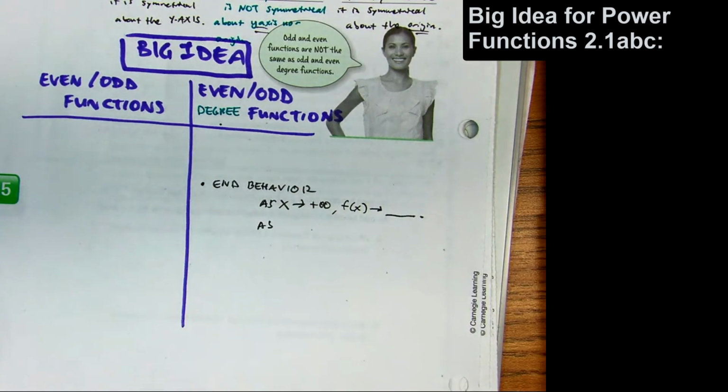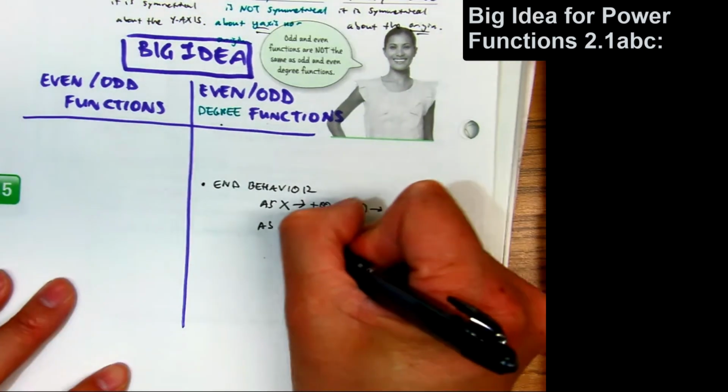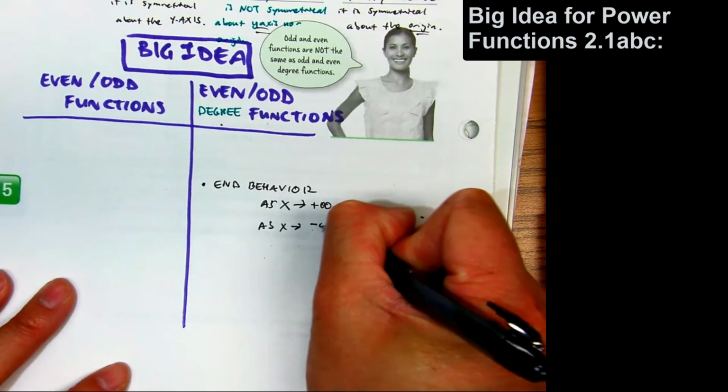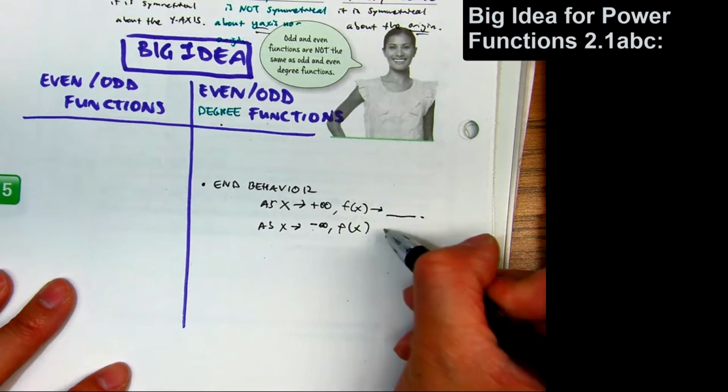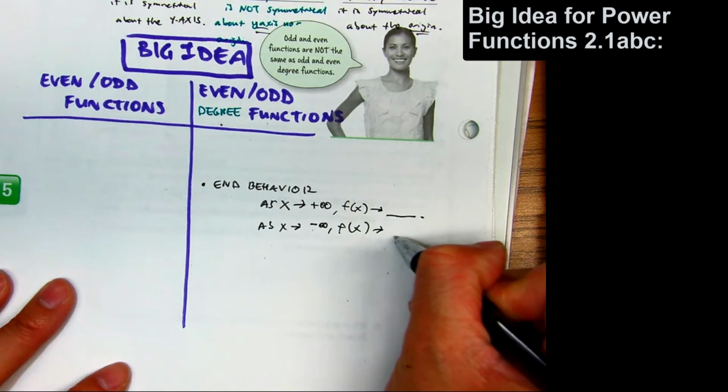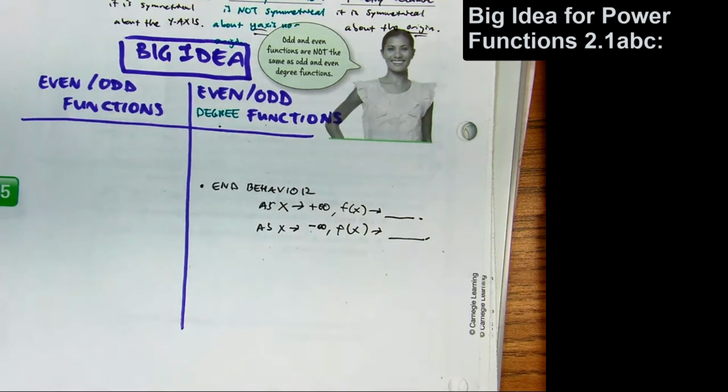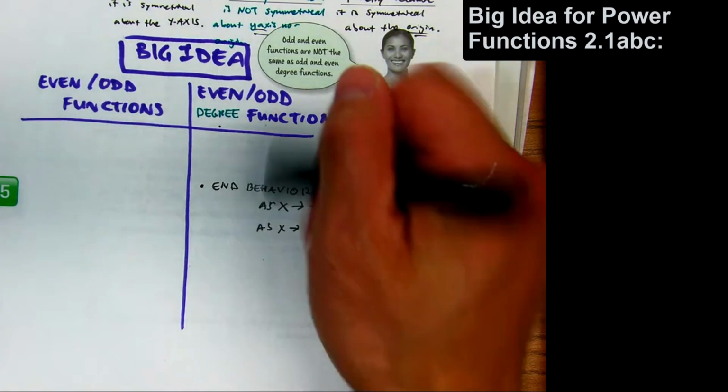Alberta? A blank, right? Anyone else have anything else under the word even or odd degree functions?